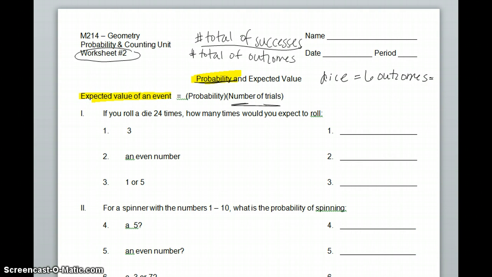So the probability of rolling a 3 is 1 out of 6. Then the expected value is that times the number of trials, so we're going to multiply this by 24. You would expect to roll a 3 4 times when you roll a die 24 times.